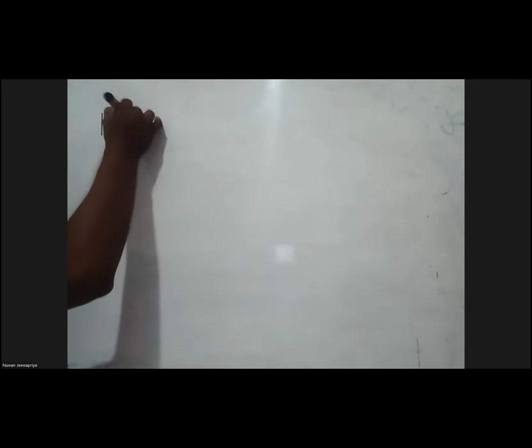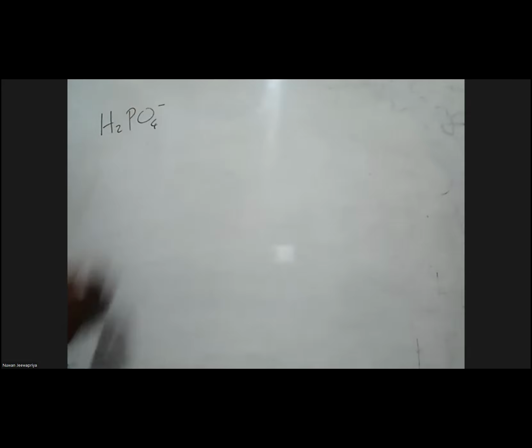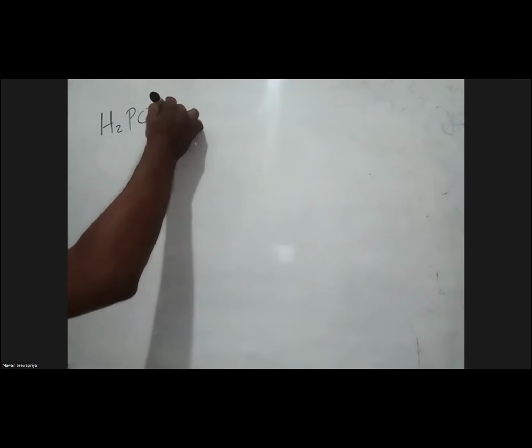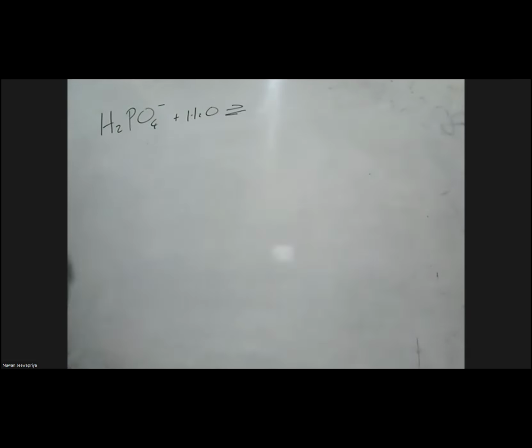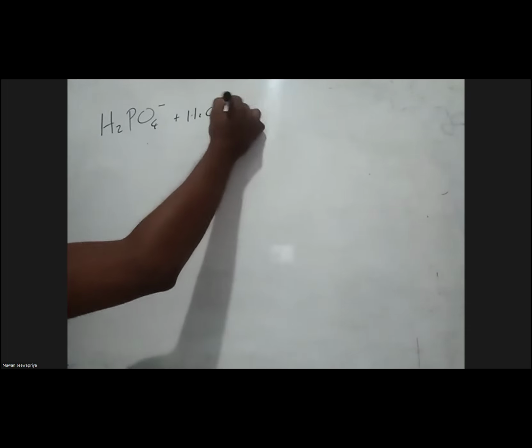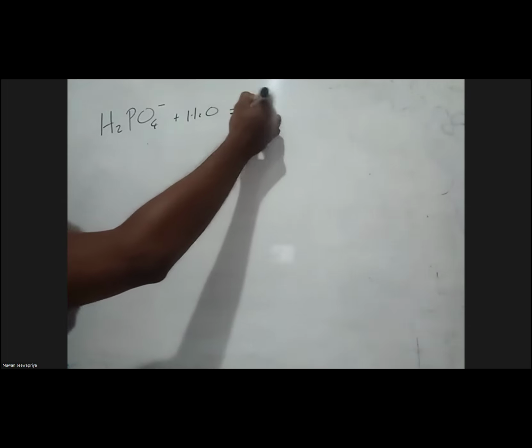Now when they ask this question regarding the acid and base, let me write what they have given there. H2PO4 minus ion reacts with water and produces an equilibrium like this.